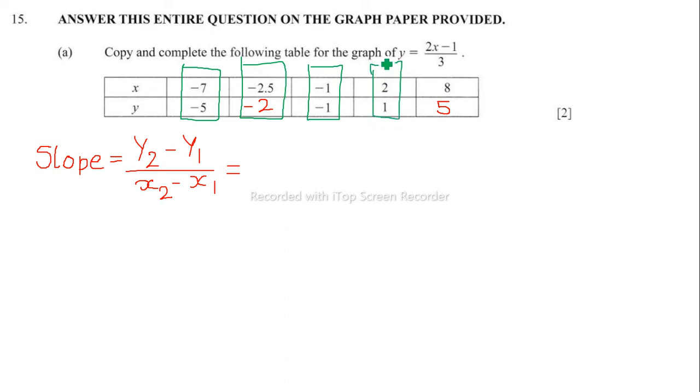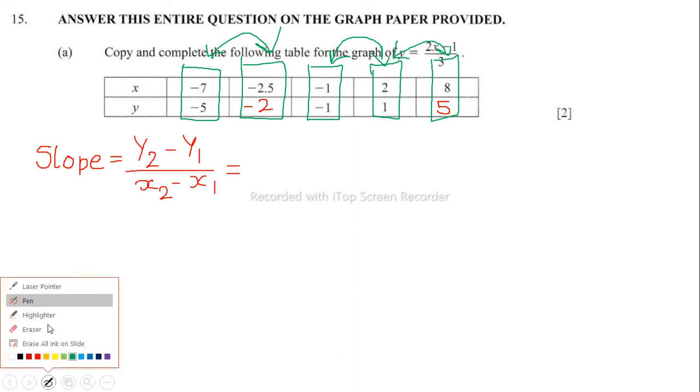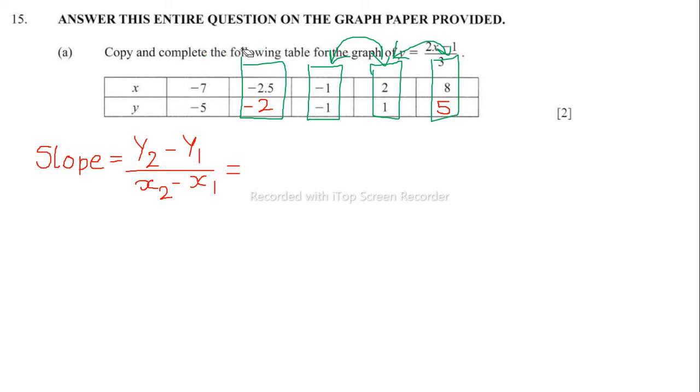This one along with this one could work, this one along with this one, or even 8 and 5 and -1 and 1. I hope you get the point. Any two could work. It doesn't matter which two we use.